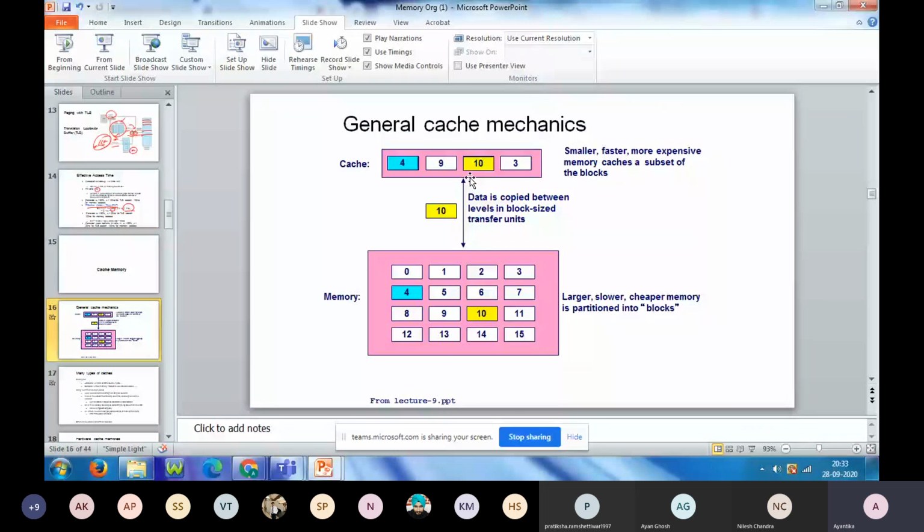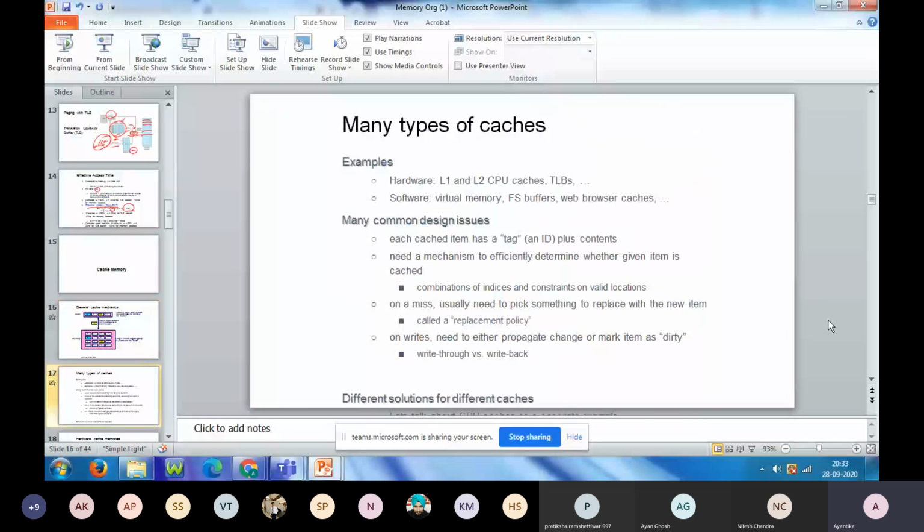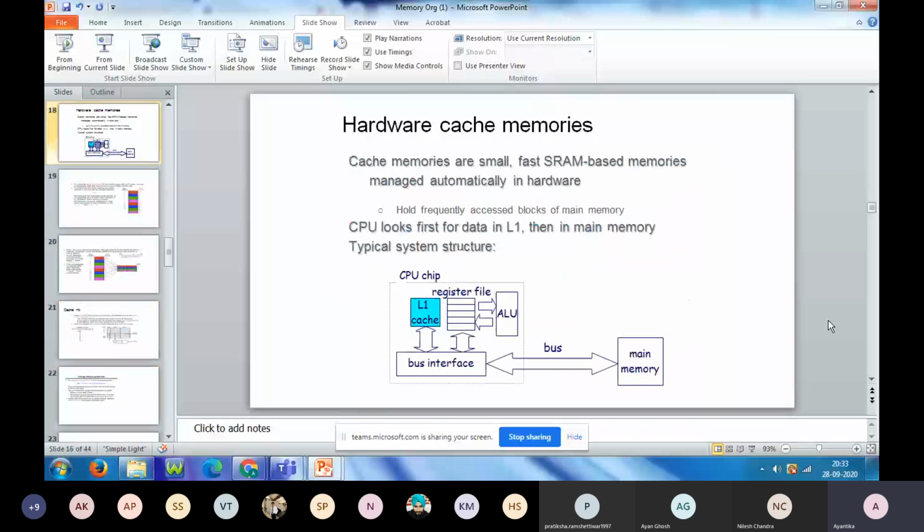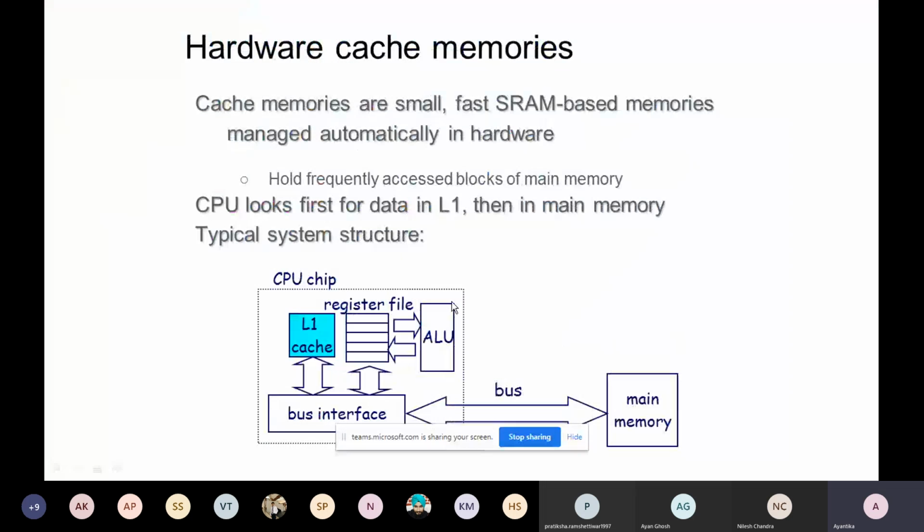Next, we will talk about cache memory. Cache memory means, you can see in this diagram first, this is your ALU, and this is your main memory.